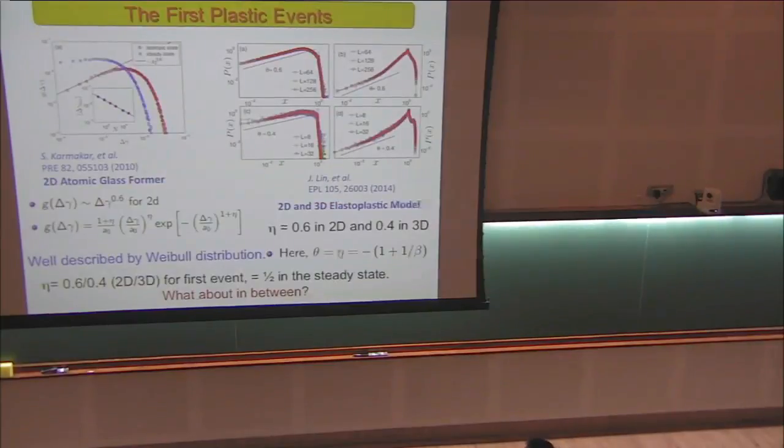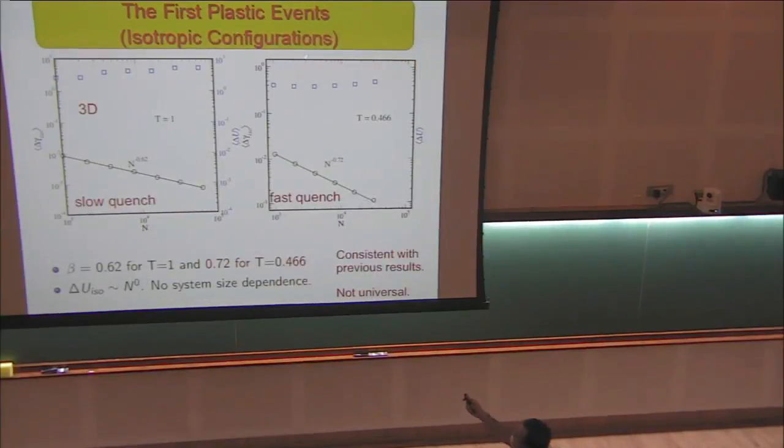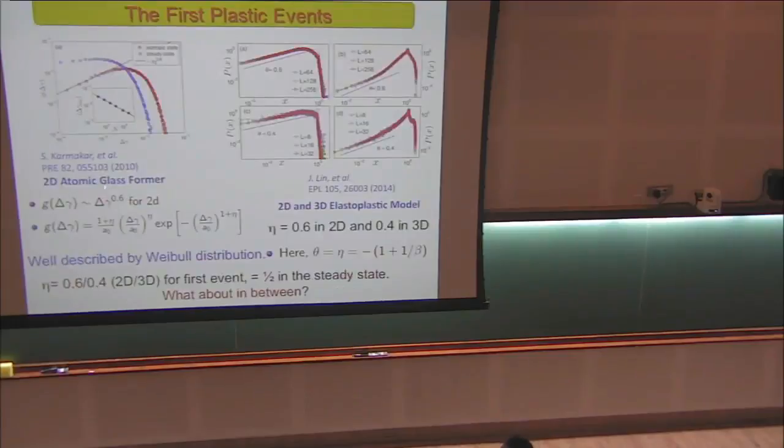Now, I'll skip through most of this, but the initial size dependences for the first drops have been analyzed looking at Weibull distributions that may describe it. I think I'm running a little low on time, so let me go on.